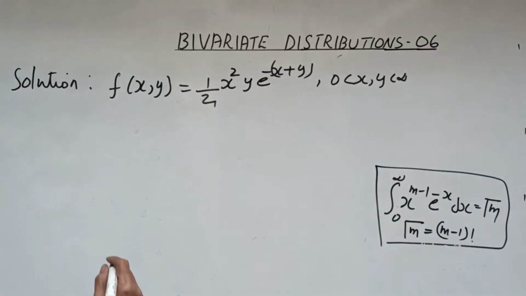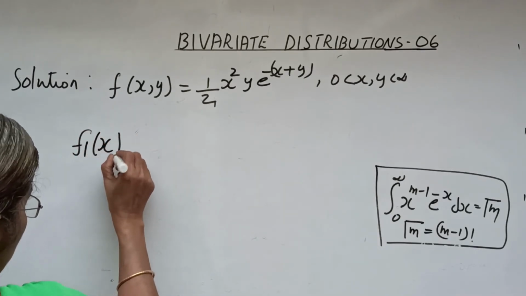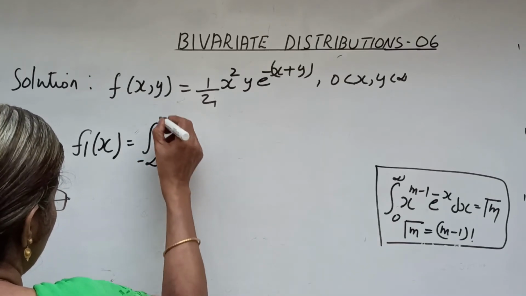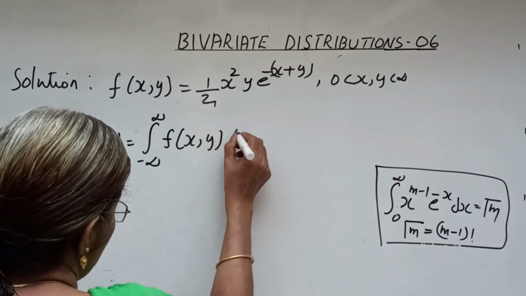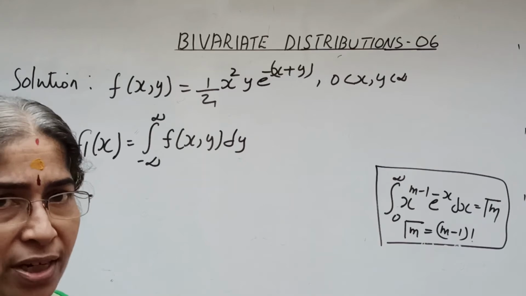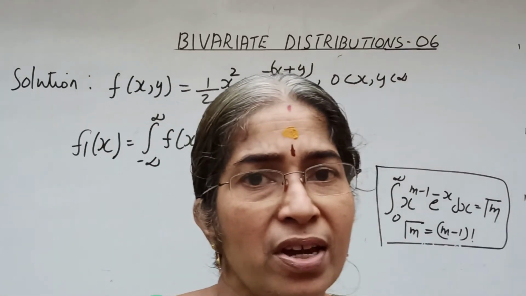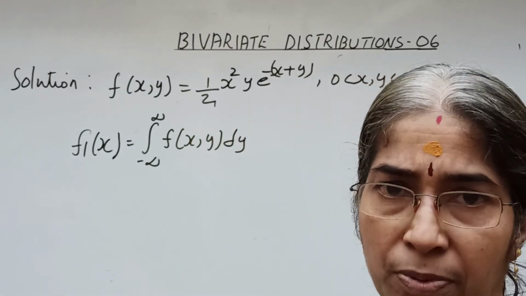So I am doing f1x, and I have written f1x equal to integral minus infinity to infinity f of xy dy. Confirm, please: when we have to obtain the marginal distribution of x from f of xy, we have to integrate with respect to y.